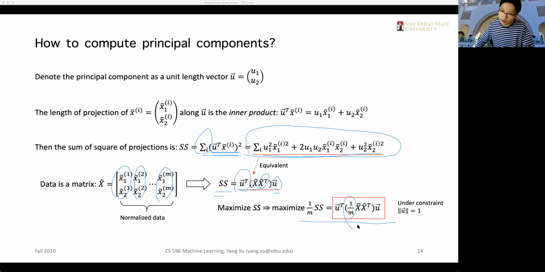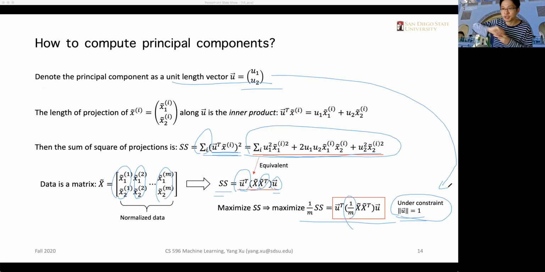It's an optimization problem under these constraints, because we said that the principal component is a unit length vector, right? This constraint must be here, because otherwise there are infinite possible representations for the vector. We want to constrain the length to be unit length.